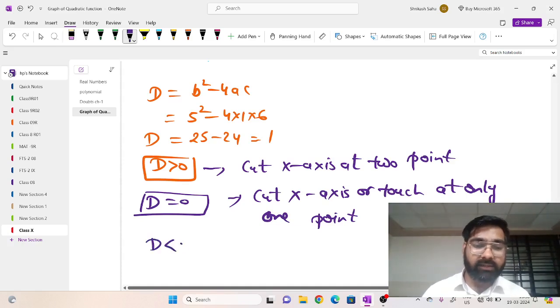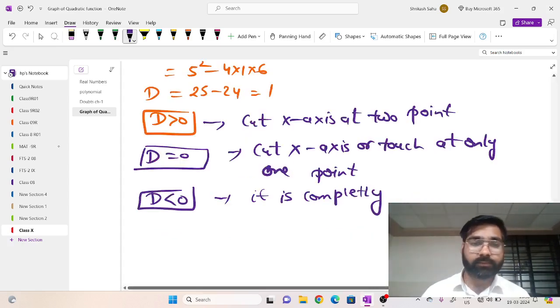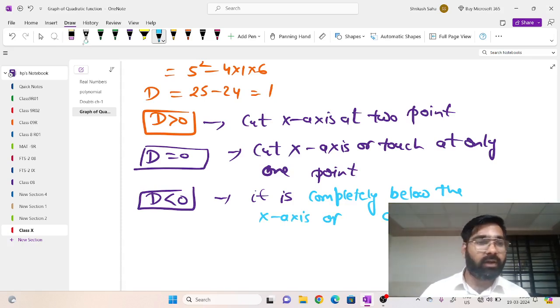If D is less than 0, then it is completely below the x-axis or above the x-axis.